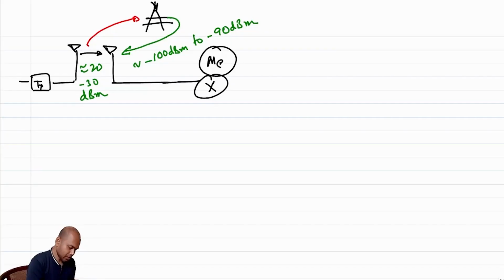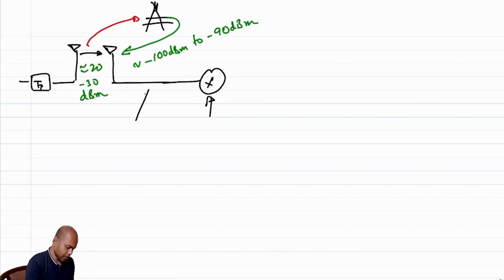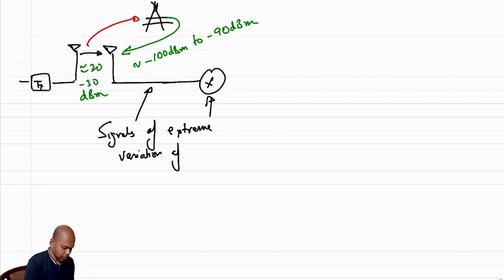So I have a mixer here. So we are getting signals of extreme variation of amplitude.